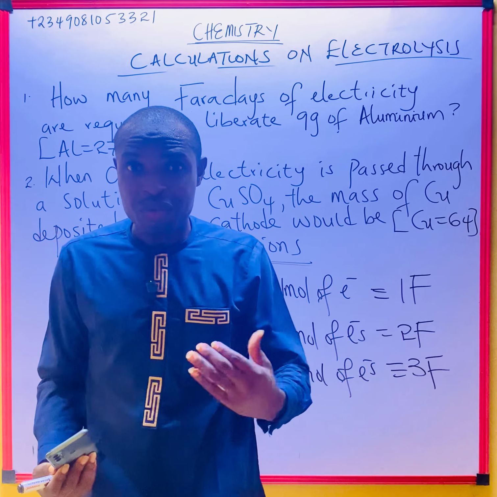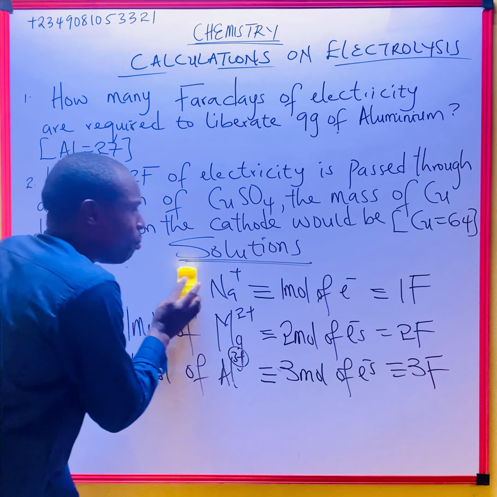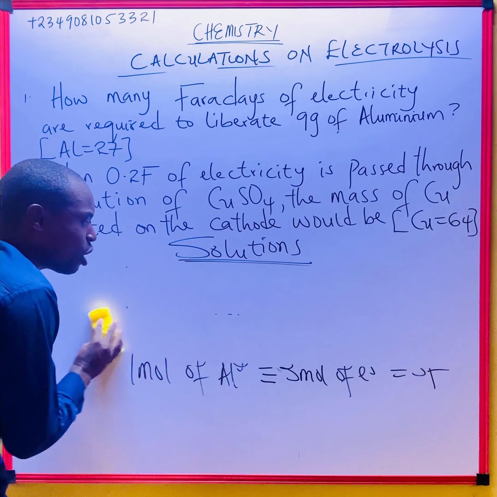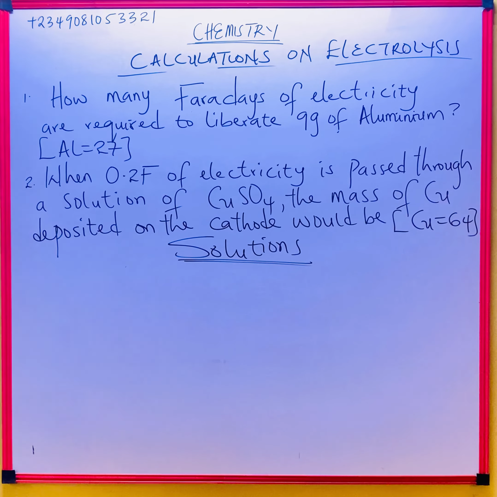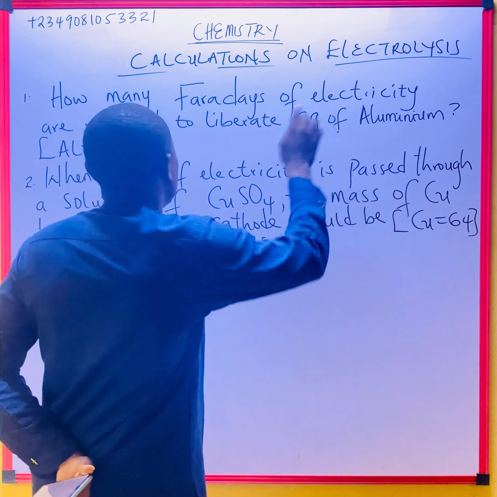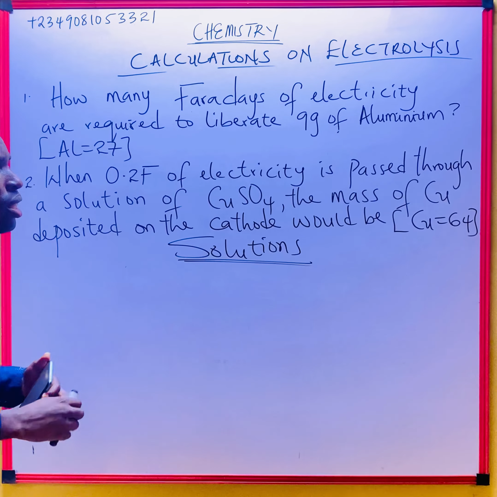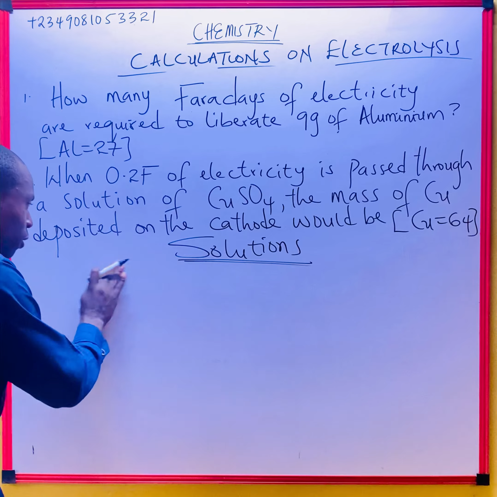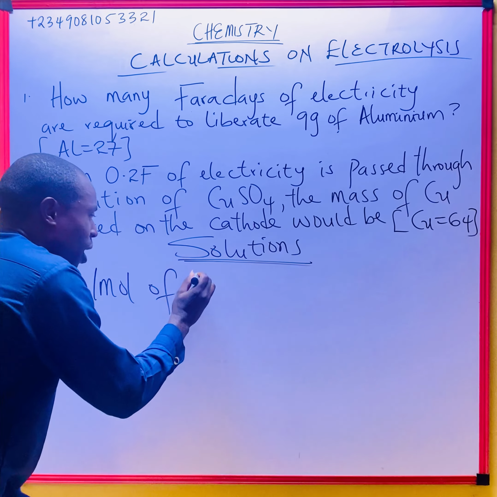Can we continue? Okay. Now, as I erase the board to start solving this question for you, take note. The question says, how many farad of electricity are required to liberate 9 grams of aluminium. We'll start with the statement I said. 1 mole of aluminium.